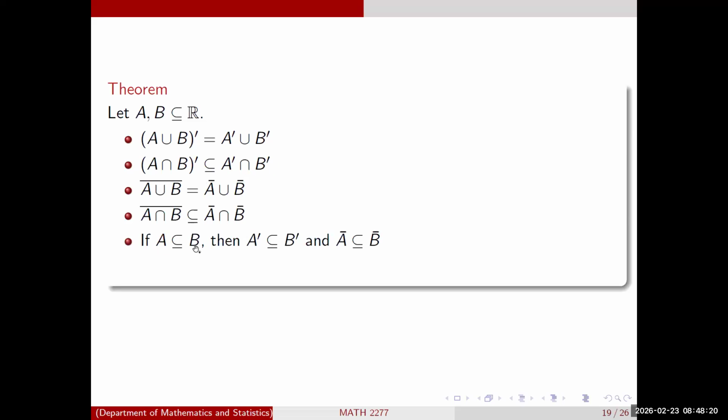And if A is a subset of B, then you could take derived sets and closures on both sides of the subset and you keep the subset. So if A is a subset of B, then A prime is a subset of B prime and closure of A is a subset of closure of B. The proof is left as an exercise for you to figure out.